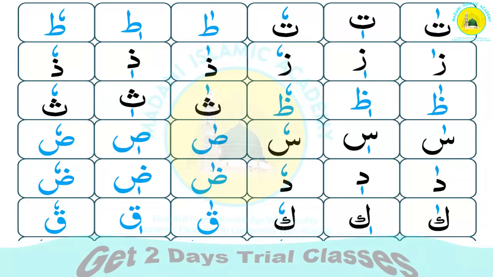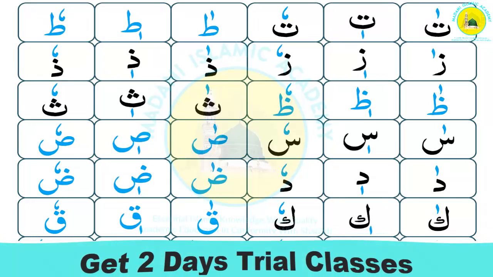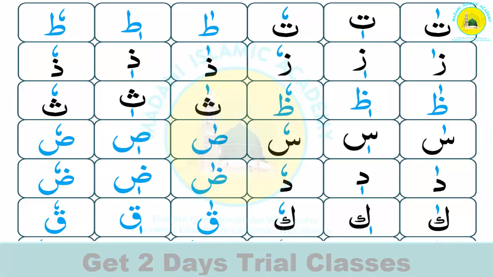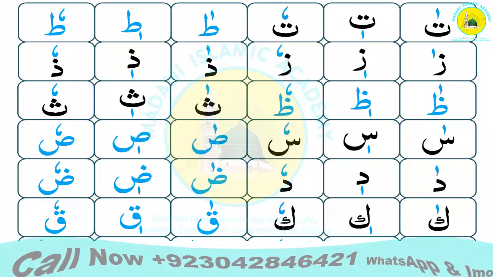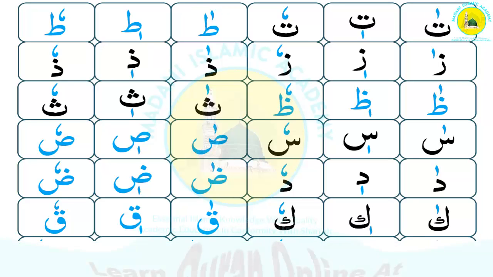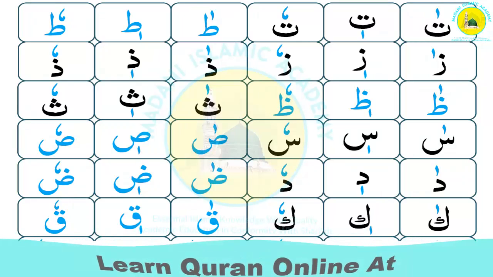All the letters have been put in an order of qaribus sawt, those letters that sound similar. So they've all been put together so that we don't make any mistakes. Remember, the ta and the ta, they sound similar, but they have to be different. Ta is a musta'liya letter, so it's going to be read with a deep sound.